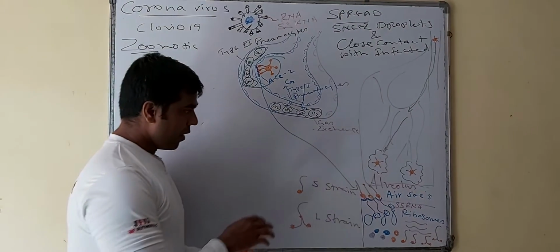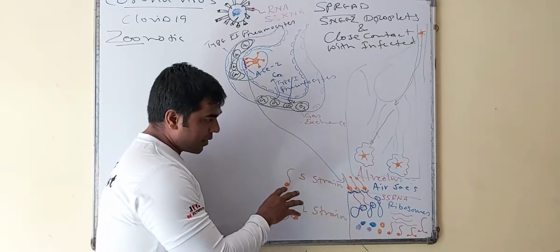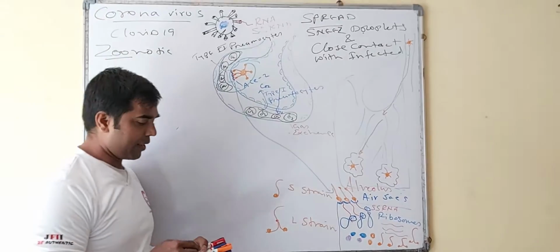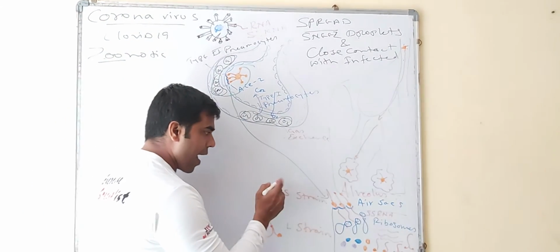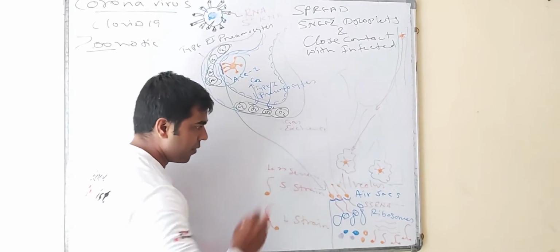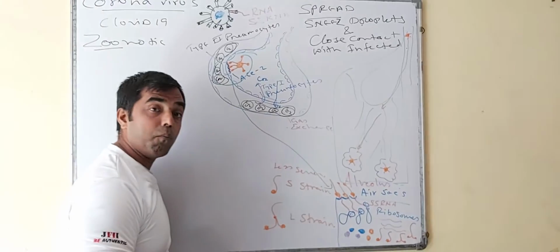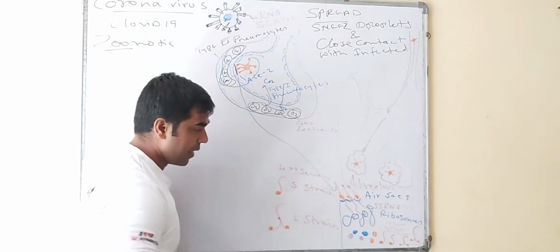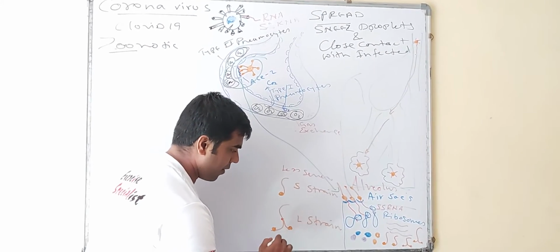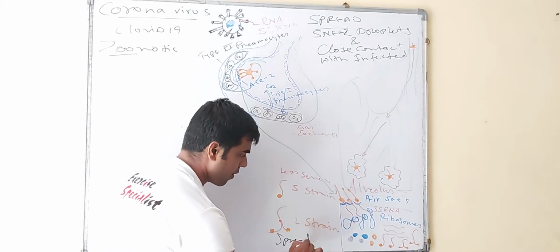And now in the United States, patients are suffering with both strains. S is less severe in nature, L is most severe, and it spreads faster. This L strain spreads faster, right?